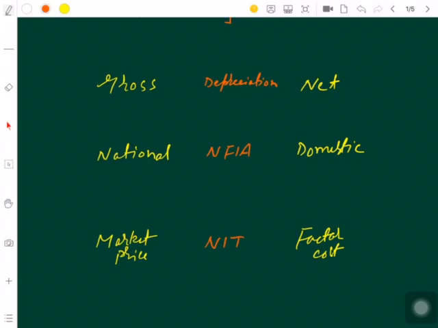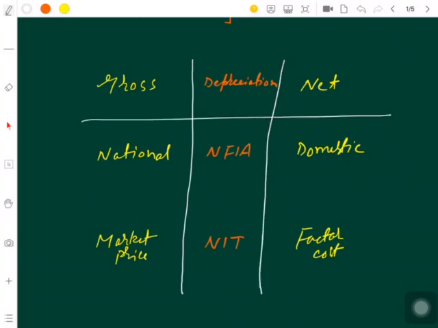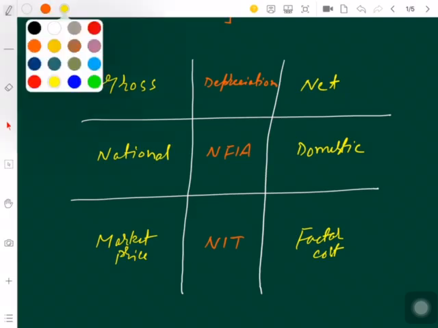But first, let us understand this small chart which I have built for you, so that you may understand. I'll divide it in a table form. It will be better for you. This table will tell me where from I can go. I'll choose some different color now.